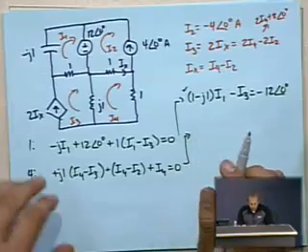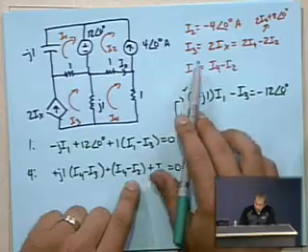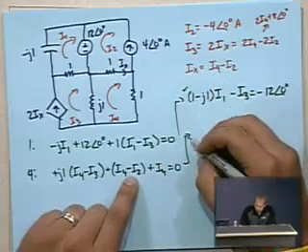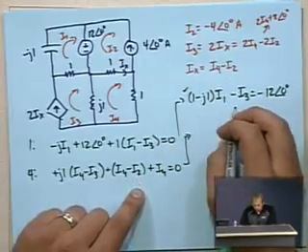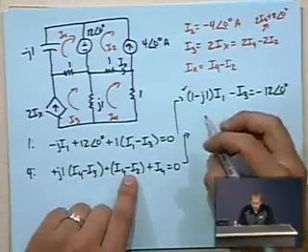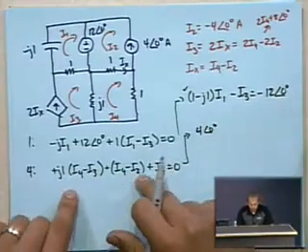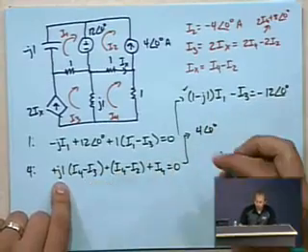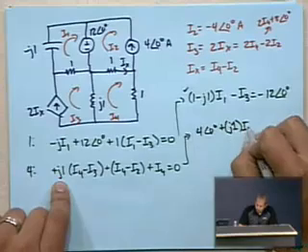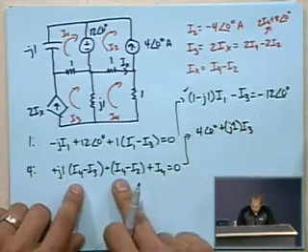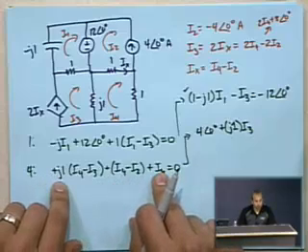The second one, let's see, we've got a negative I2, so that'll be positive 4. I guess we can do what we can here. So the negative I2 would turn into a positive 4 at an angle of 0. The I3s, we see there's just the j1 times I3, and 1 times I3. And then times I4, we've got 2 plus j1.